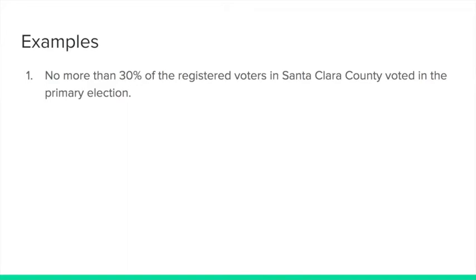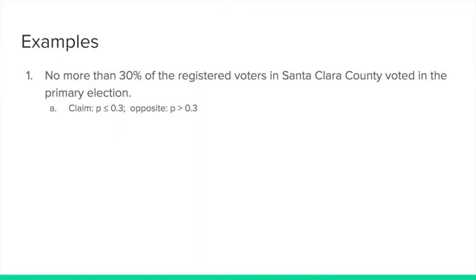And we're talking about a proportion here. This is talking about a percentage or a proportion of voters. So the symbol I'll use is P for proportion. And like I said, no more than 30% means less than or equal to 30%. So my claim statement written in symbols is P is less than or equal to 30%, or 0.3.